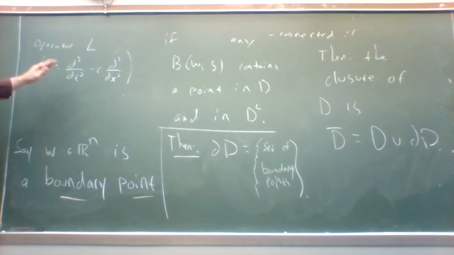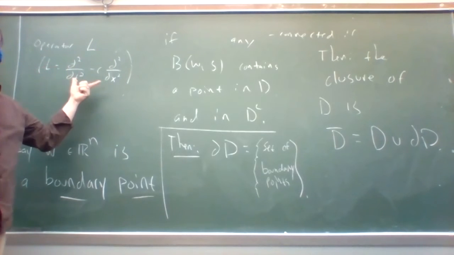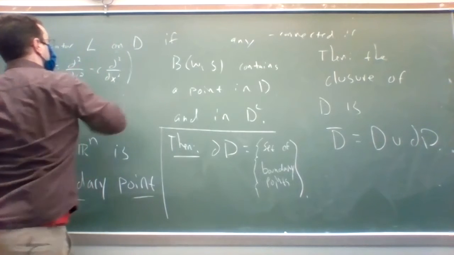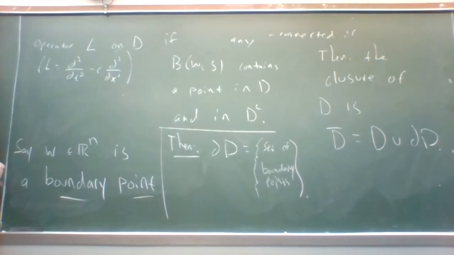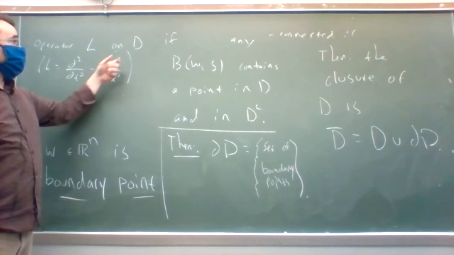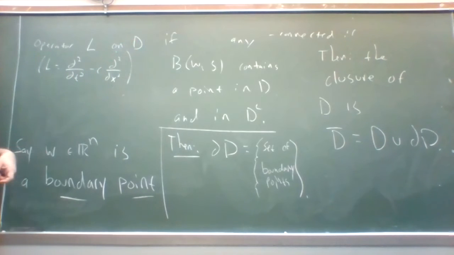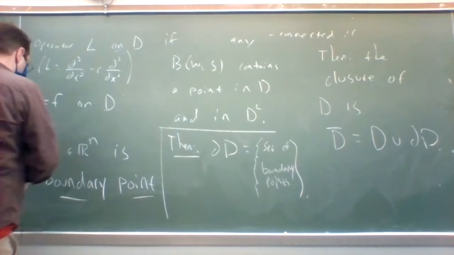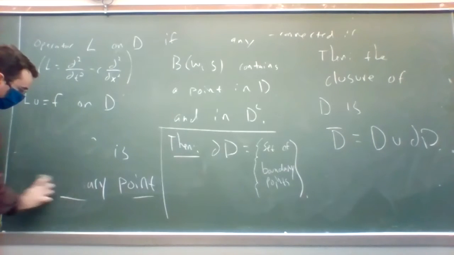It's defined on a domain of points, or it operates on functions whose domain is D. So the operator, more properly on C2 functions on D, is operator L on domain D, and D being connected and open. And so you will write something like Lu equals f on the connected open set.